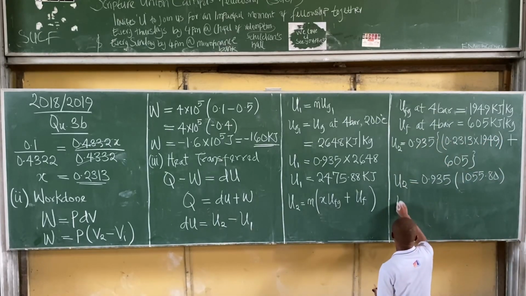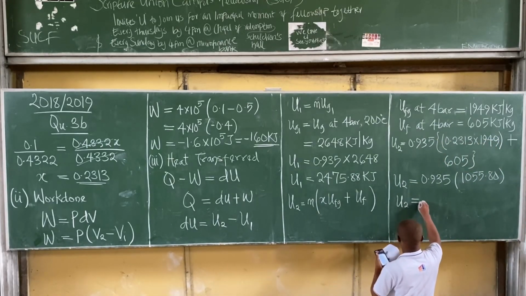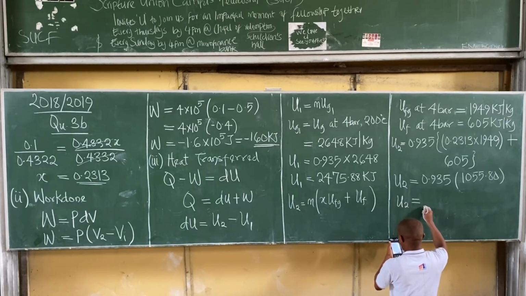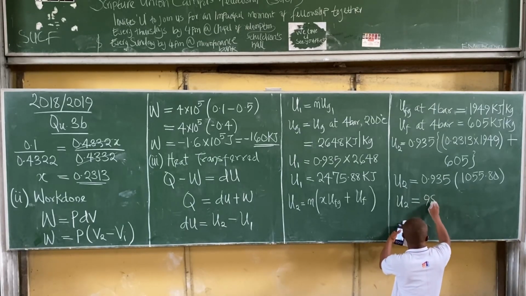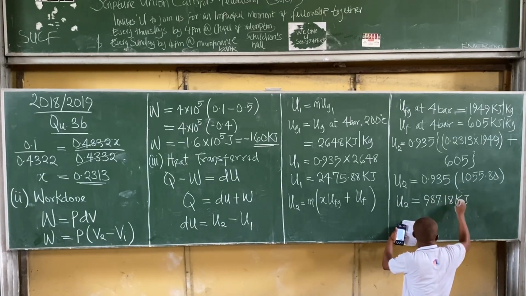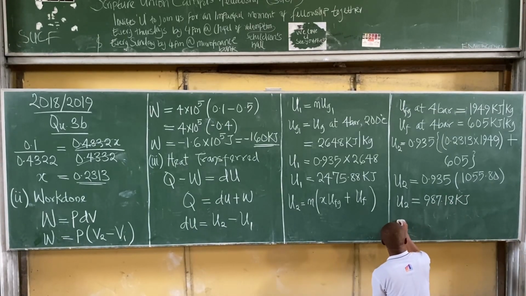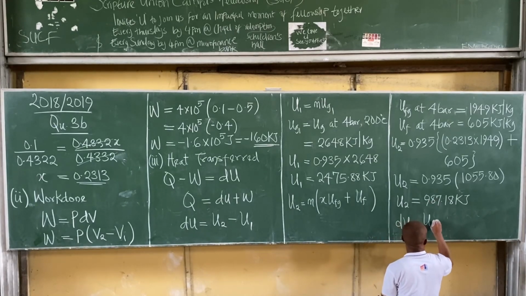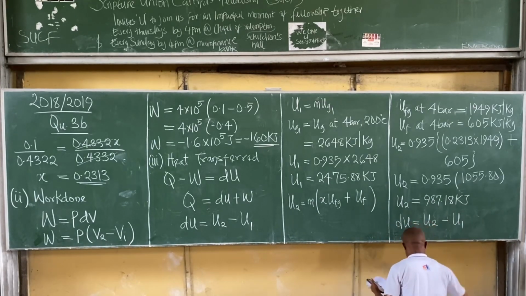Therefore, our U2 equals 987.18 kilojoules. Therefore, the du equals U2 minus U1.